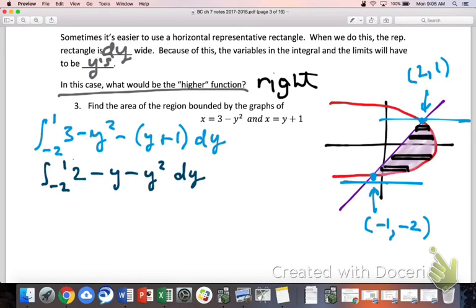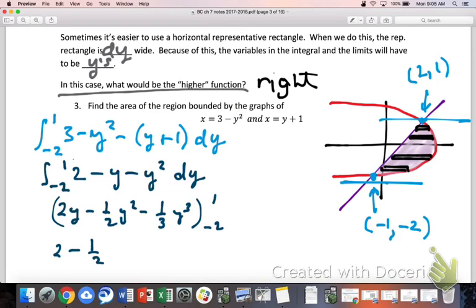We find our antiderivative first, so that would be 2y minus 1/2 y squared minus 1/3 y cubed, evaluated from -2 to 1. I'm getting 2 minus 1/2 minus 1/3 minus, when we evaluate at -2, -4 minus 2 plus 8/3.